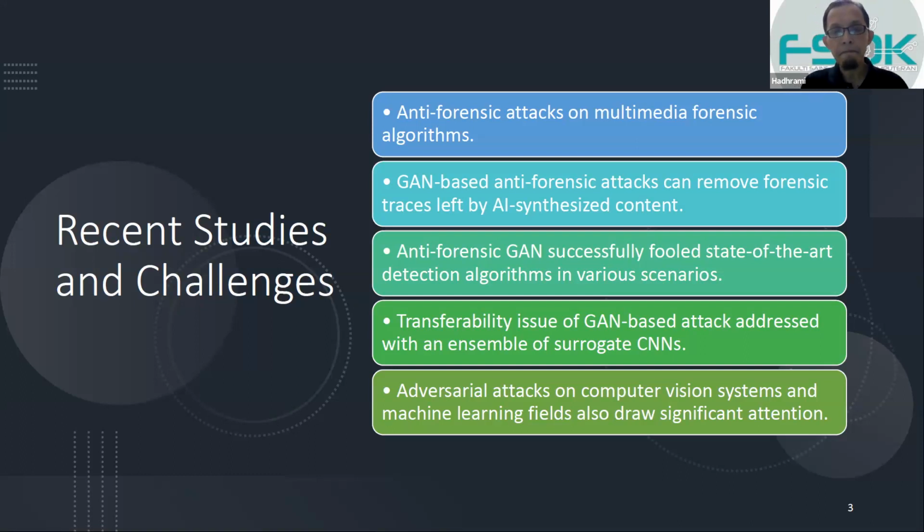And then there's also another problem caused by these GAN-based anti-forensic attacks, which is the transferability issue. The transferability issue that we mean here is that when a GAN-based anti-forensic attack can be implemented on certain targeted models, it can also be transferred to attack or target another model.